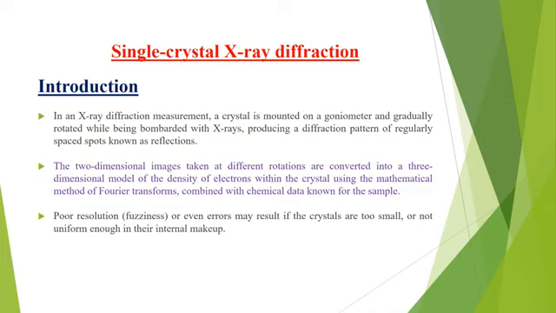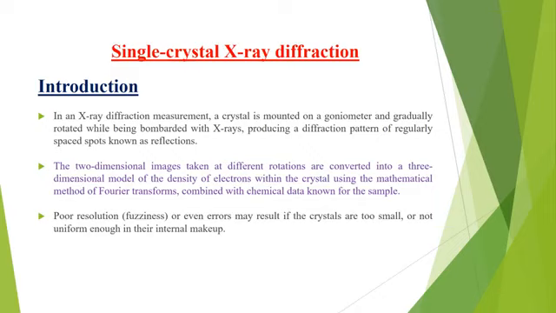First of all, the two-dimensional images taken at different rotations are converted into a three-dimensional model of the density of electrons within the crystal using the mathematical method of Fourier transform, combined with chemical data known for the sample.